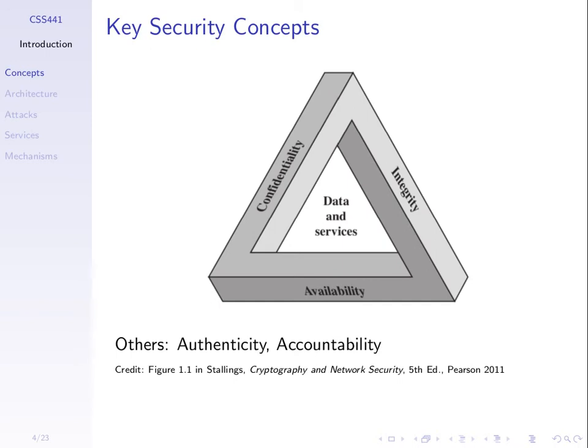Integrity covers several things, but integrity is making sure that the information that we access hasn't been modified. It maintains its integrity. That is, when I send a message from one point to another, I want to make sure that the message received at the destination is the same as what was sent. Nothing's been modified along the way.